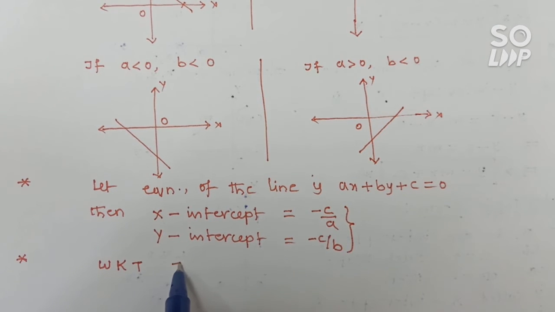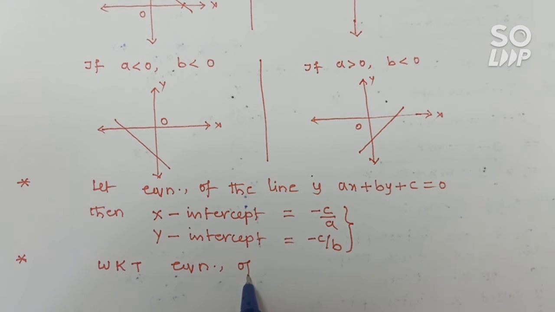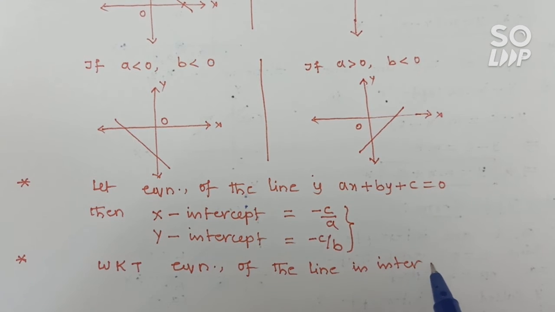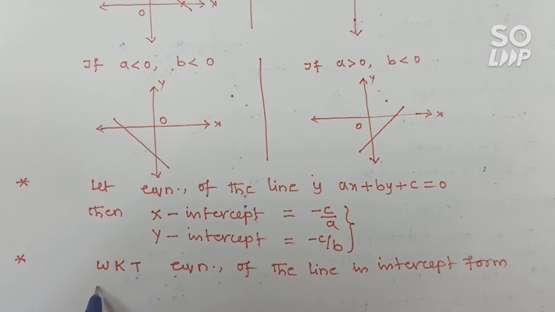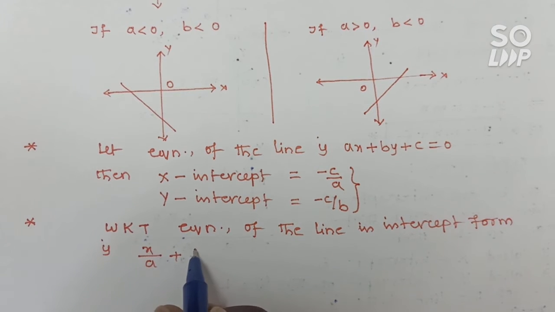We know that the equation of the line in intercept form is x by a plus y by b is equal to 1.